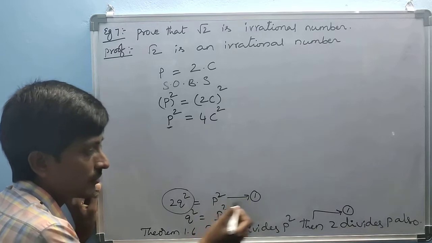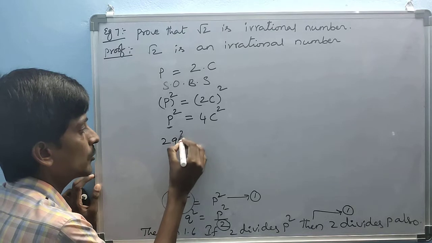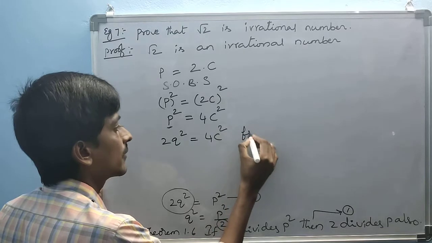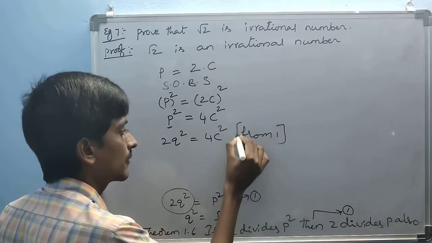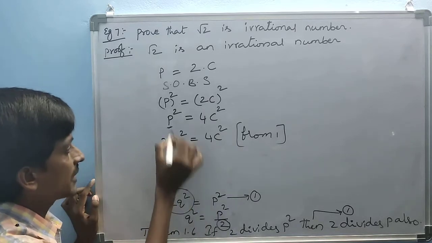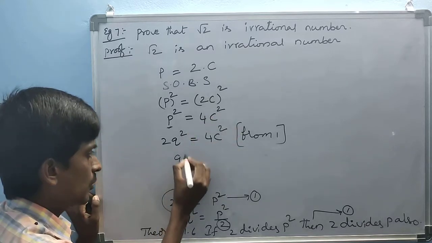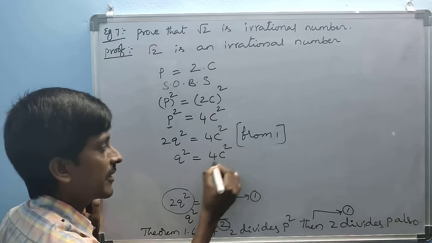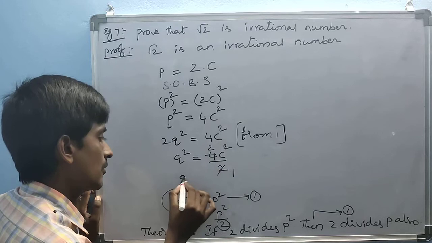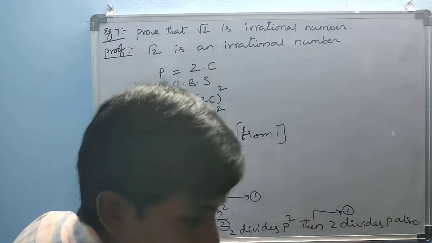According to 1, p square equals 2q square. 2q square equals 4c square. Substitute p square equals 2q square. q square equals 4c square by 2. 2 one times, 2 two times. q square equals 2c square. Okay.